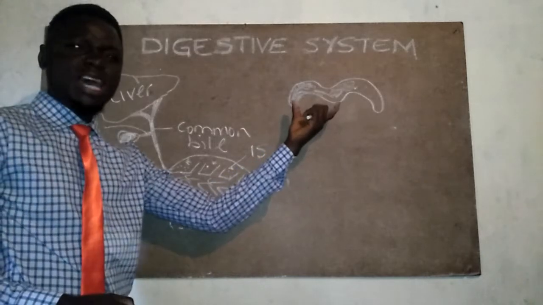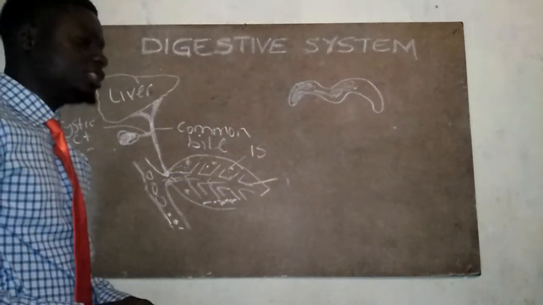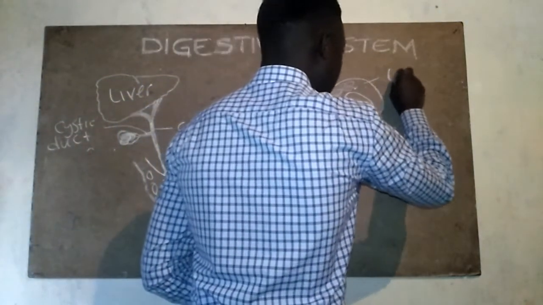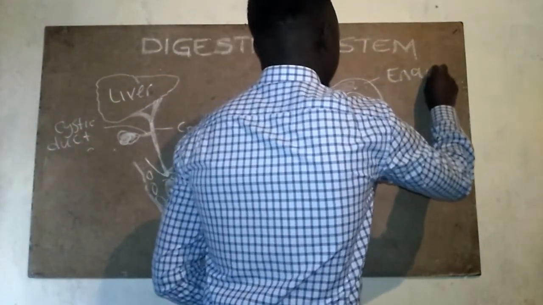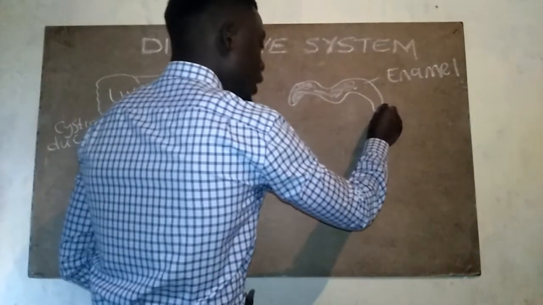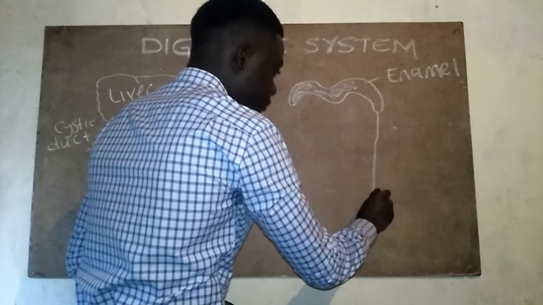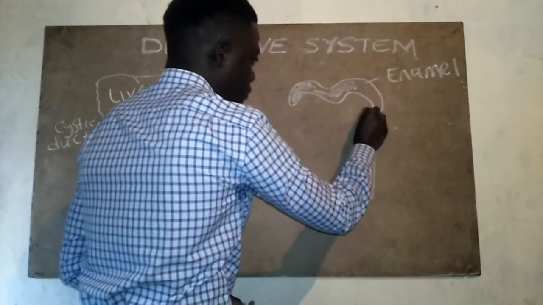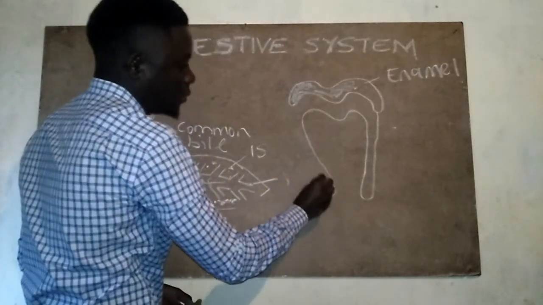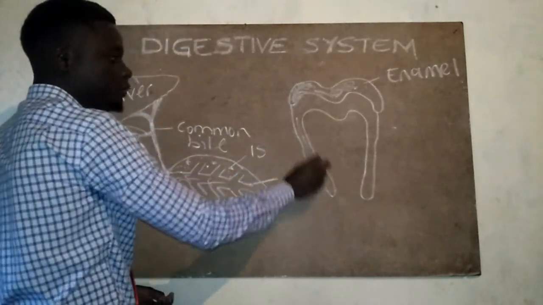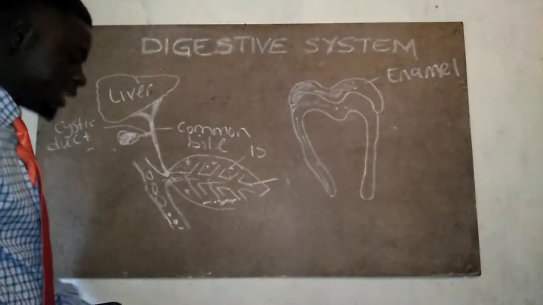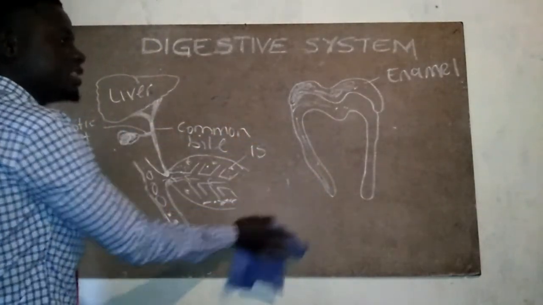This part can be affected by an acidic solution, but it's hard, and that part is called the enamel. But also, there is this part of the teeth here, and it is called the dentine. So this part is the dentine.